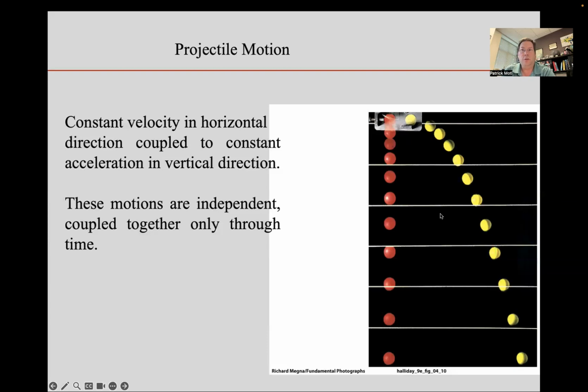The vertical motion does not show that. Vertically, the balls, the red one and the yellow one, are pretty close to agreeing at the same height at all the times. But the spacing between balls as the time interval goes on is getting bigger and bigger and bigger.